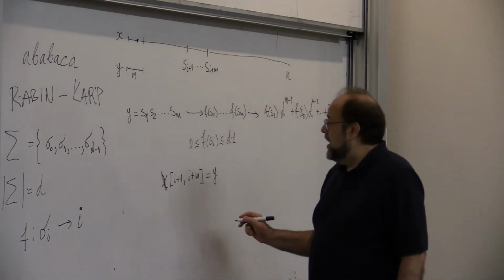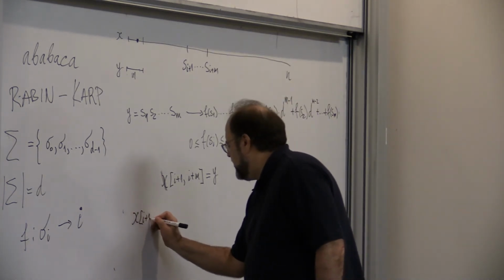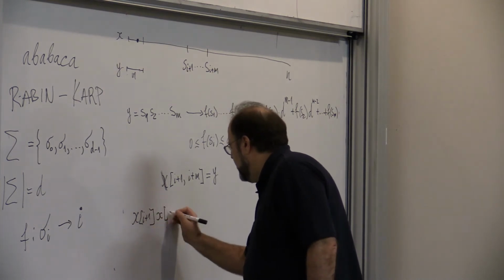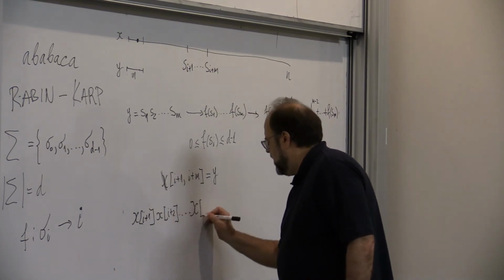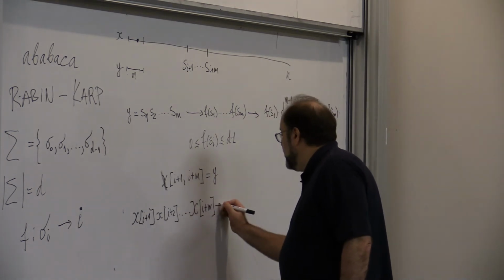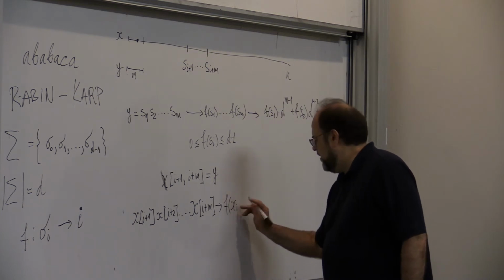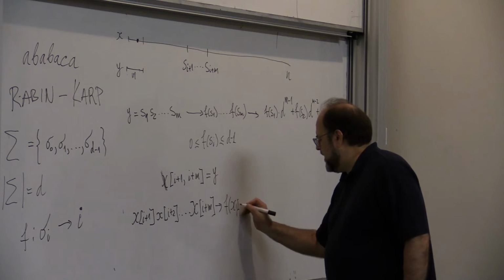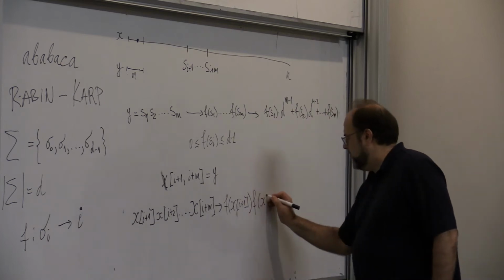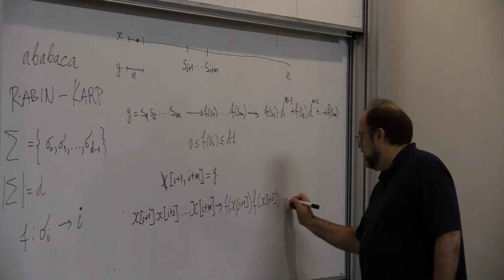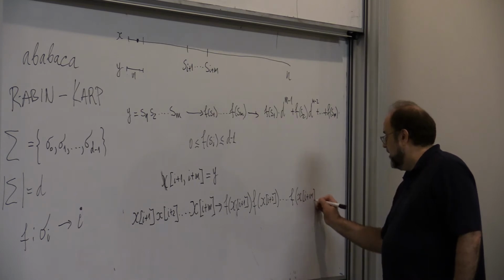So again, we will map the string x i plus 1, x i plus 2, and so forth, x i plus m, first into the string f of x i plus 1, f of x i plus 2, all the way to f of x i plus m, right?